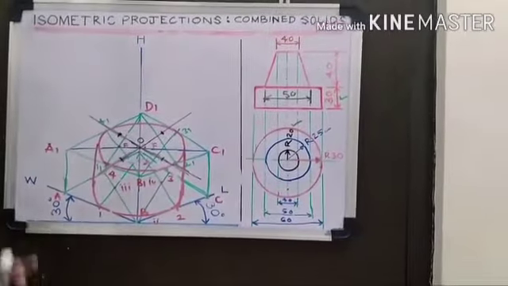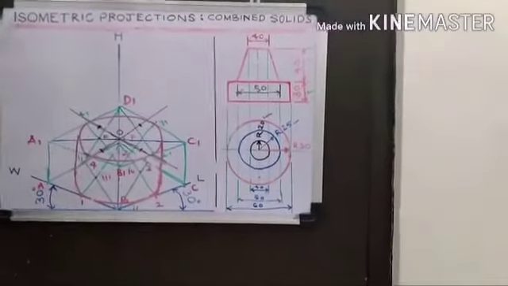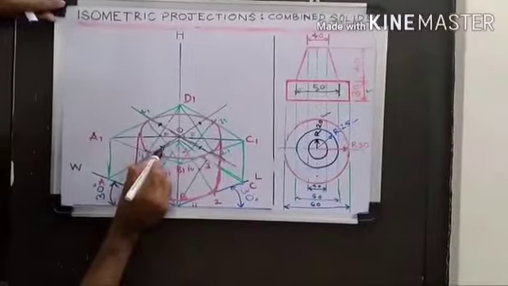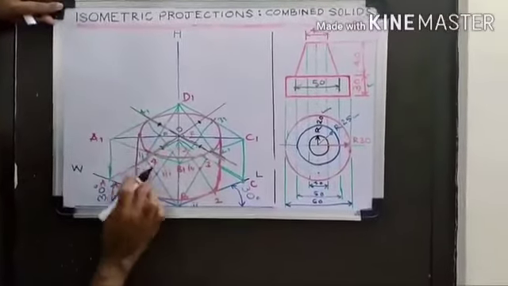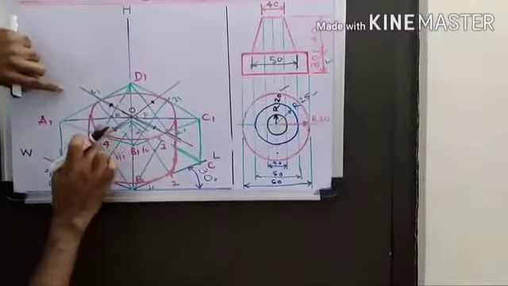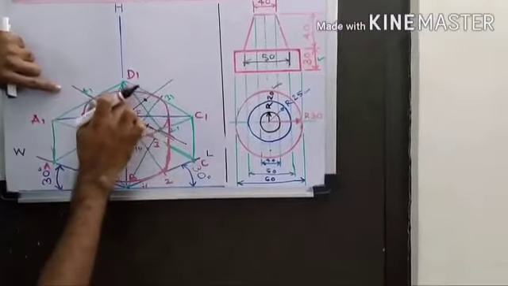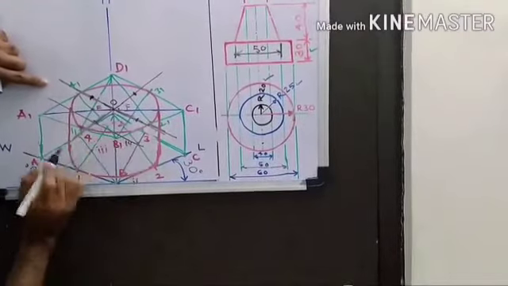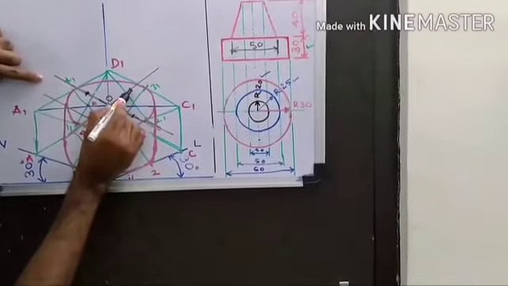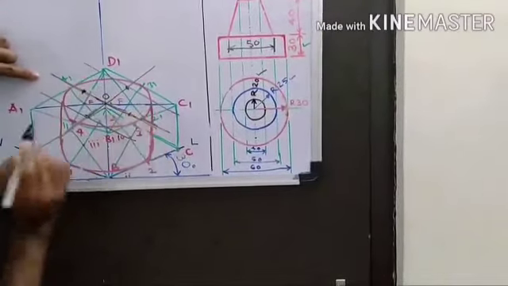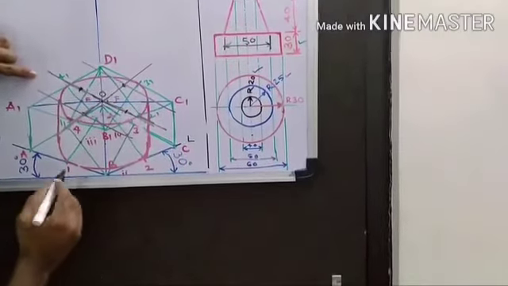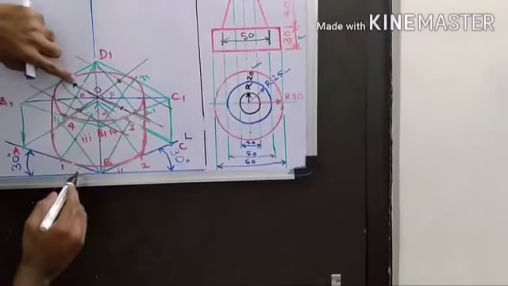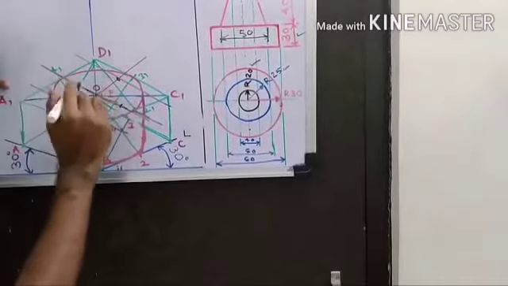After getting this information, passing through this point, draw a parallel line to D1C1. Draw a parallel line to D1C1. Passing through this point, draw a parallel line to D1C1. Now passing through this point, draw a parallel line to A1D1.